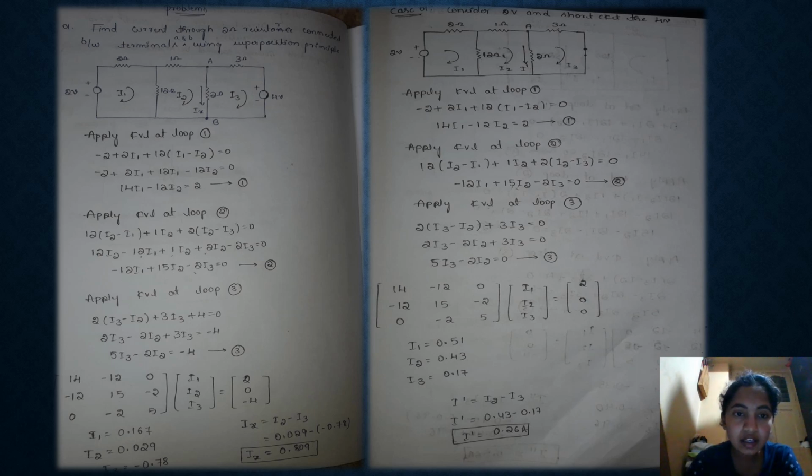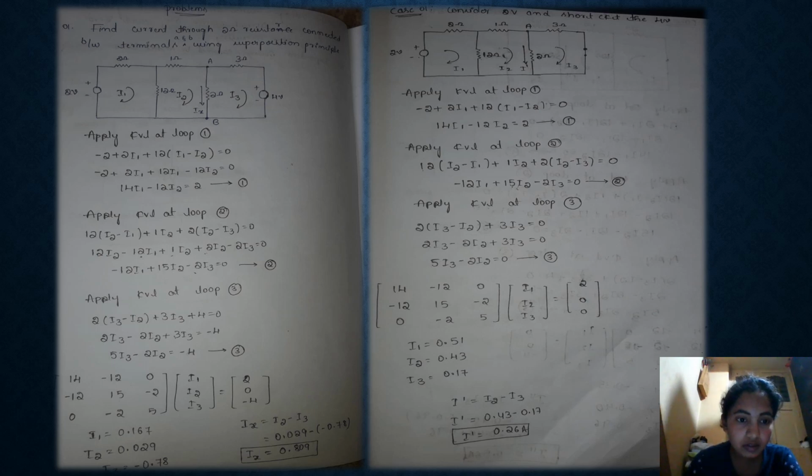Here the current is flowing from the positive direction, so plus 4 is equal to 0. Then 2 I3 minus 2 I2 plus 3 I3 is equal to minus 4, because if the voltage source comes this side, it will be minus 4. Then the equation will be 5 I3 minus 2 I2 is equal to minus 4. This we call equation 3.